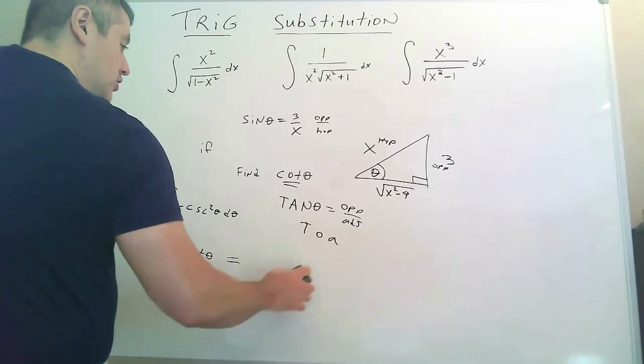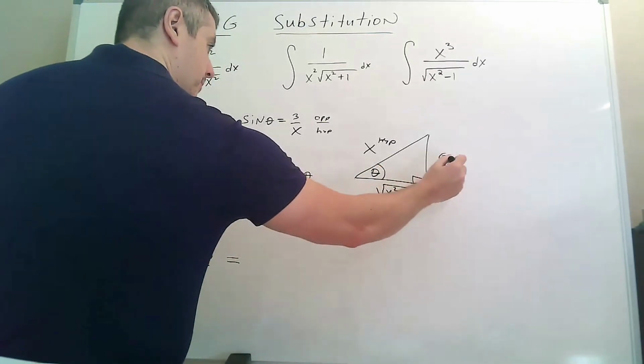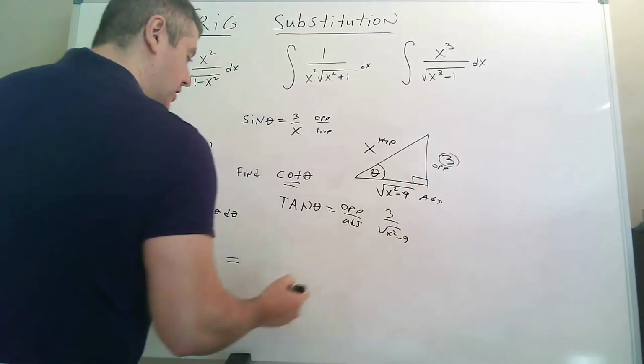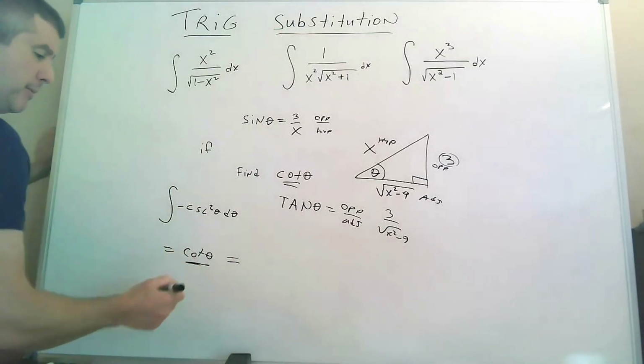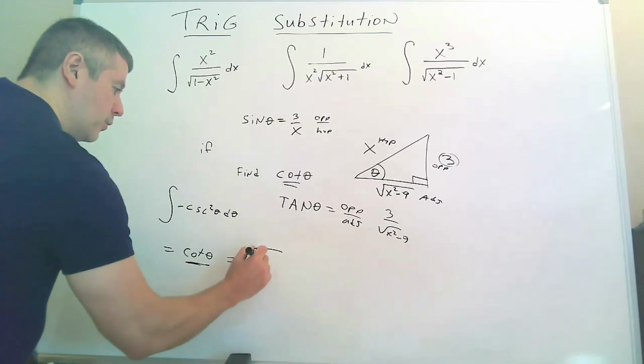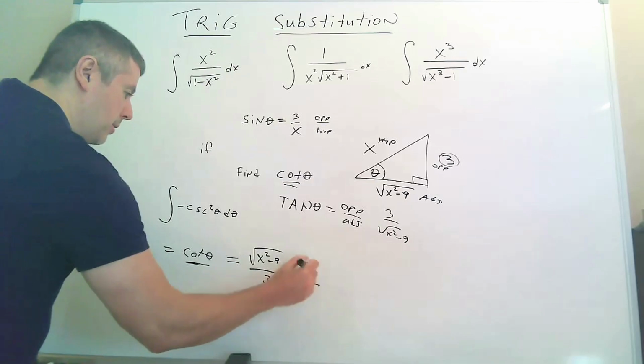So opposite adjacent. That's what tangent would be: the opposite side over the adjacent side. But I don't want tangent. I want cotangent. I'll put my plus c in a minute. So all you have to do is flip that over, right? So cotangent would be radical x squared minus 9 over 3. And then I would put my plus c there.